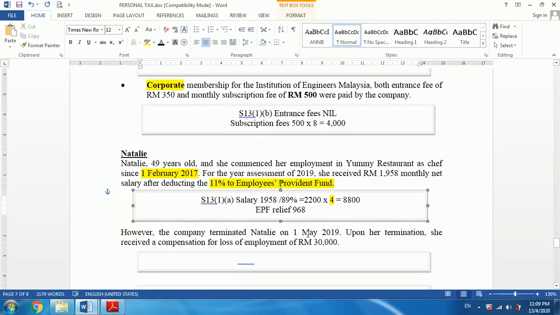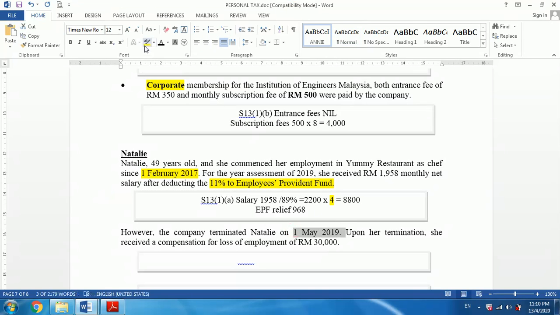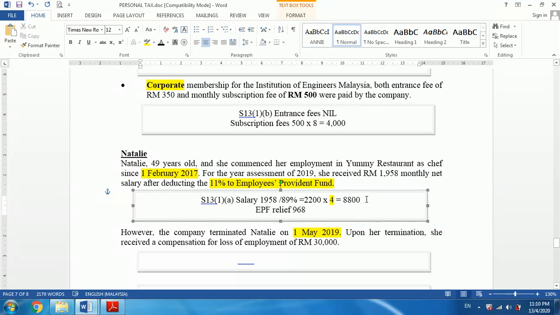However, the company terminated Natalie in May, which means the company will only count her employment from January 2019 to 30th April 2019, which is only 4 months. That's why my salary is only times 4 months, which is 8,813.18.